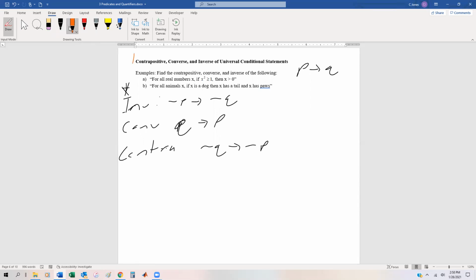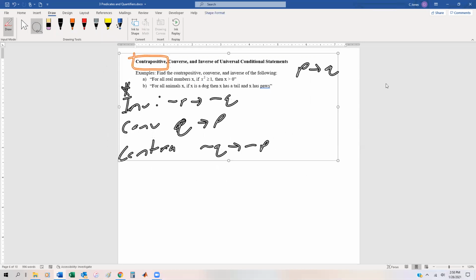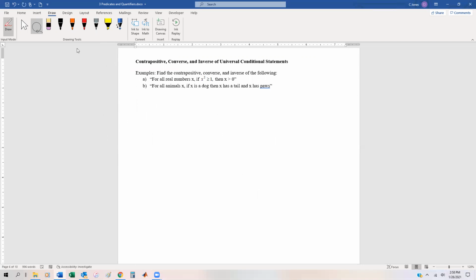You might recall that only the contrapositive is logically equivalent to the original statement. That's important because later in the course, when we do proofs, we may have to prove something by using the contrapositive. So keep that in mind.